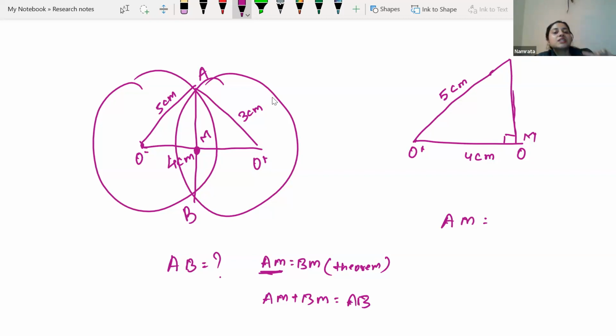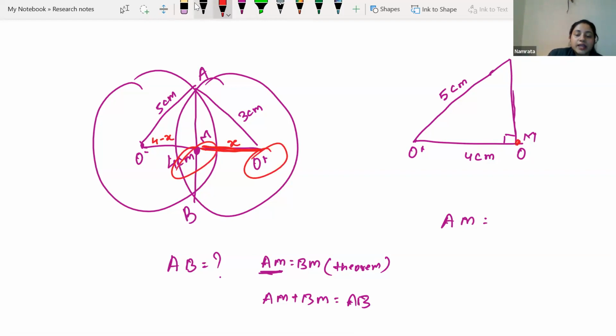Once we started finding AM by taking that triangle, we realized that the X value is coming out as 0. What is X? This one we have taken as X. In the first case, we have taken this one as X, and this one 4 minus X. We realize that the X value is coming out as 0. So we can say O' and M is the same point.